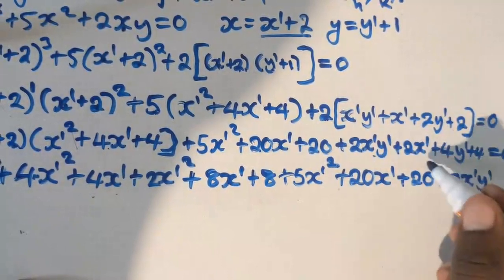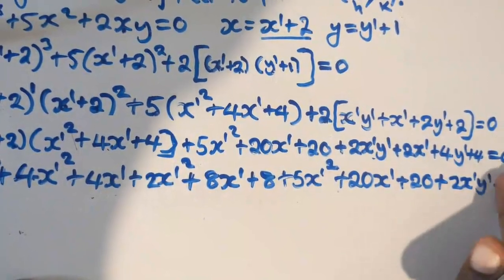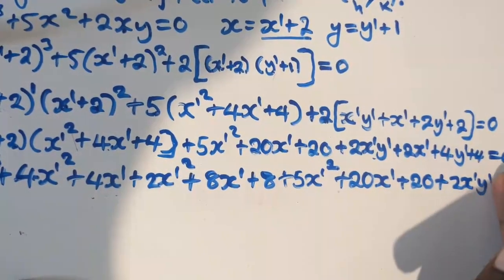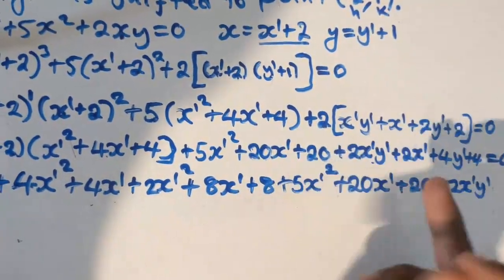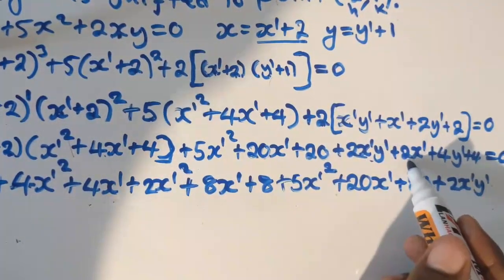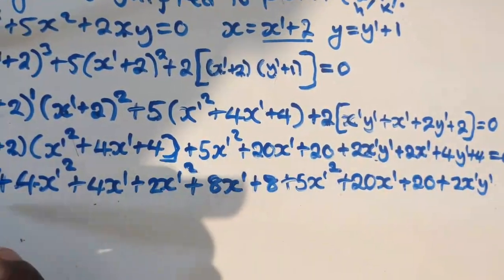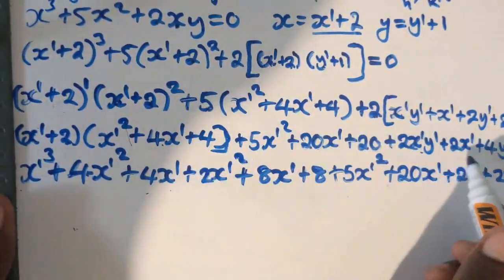Then here you're going to say plus 2x. I'm sure you've seen here, but for the sake of space, let me start from here, writing it using the other line.